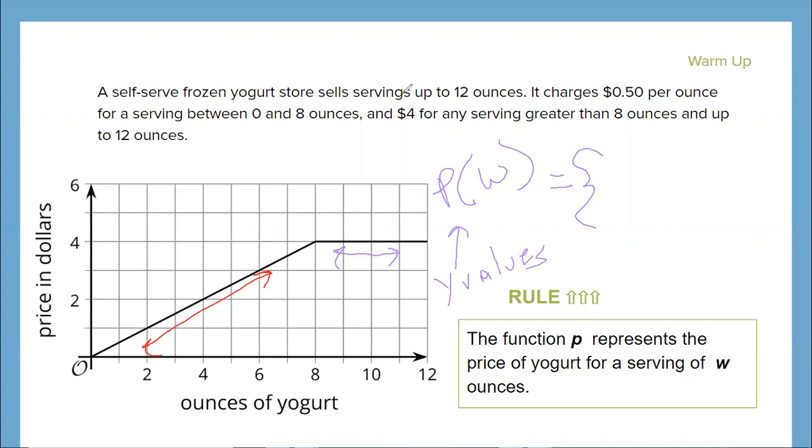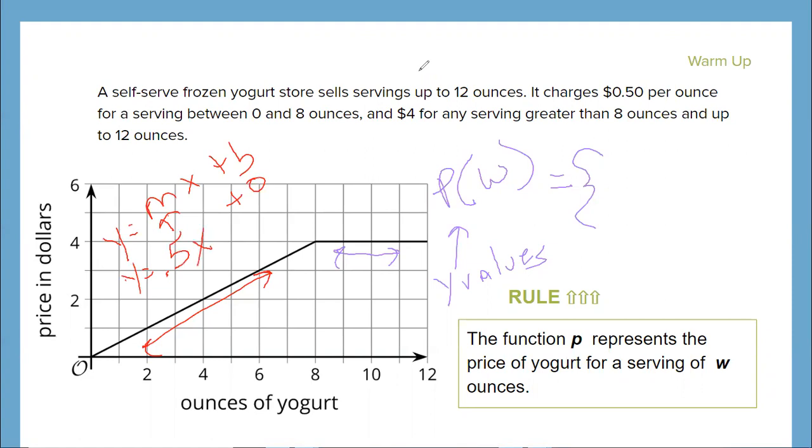Okay, and I'm going to make this equation here. We know it's a line, and we know line equals y equals mx plus b. And the y-intercept is 0, plus we know that the slope, which is right there, is 50 cents. We're going up by 50 cents each time. So I'm just going to say y equals 0.5x.